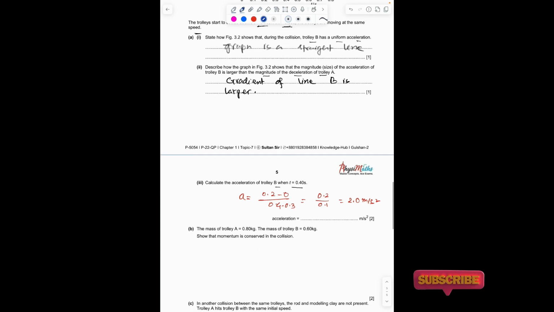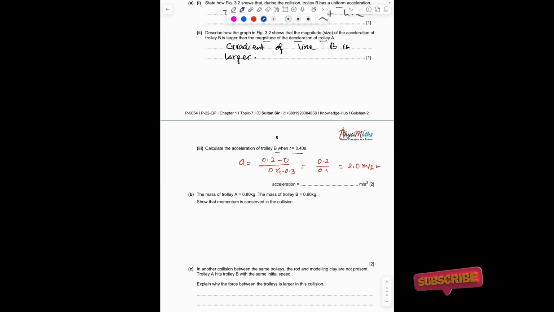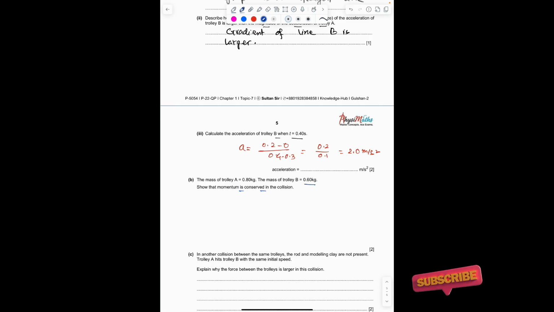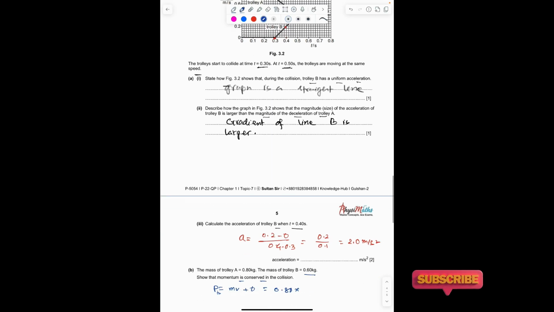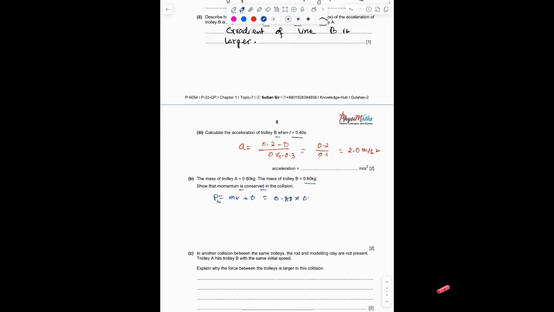The mass of trolley A is 0.80 kg and the mass of trolley B is 0.60 kg. Show that the momentum is conserved in this collision. That means before and after collision the momentum must be the same. Initial momentum p equals mv plus 0, that means 0.80 multiplied by the initial speed 0.7, which is 0.56 kg meter per second.